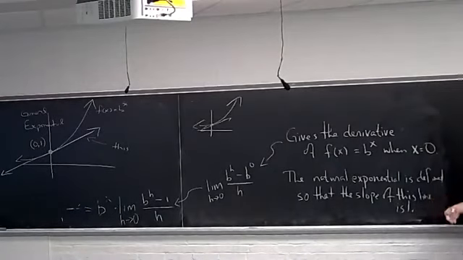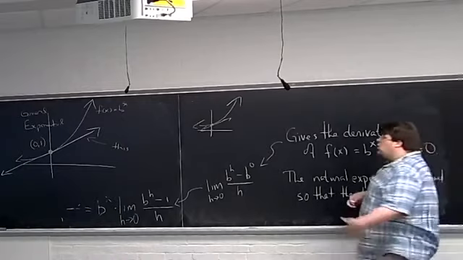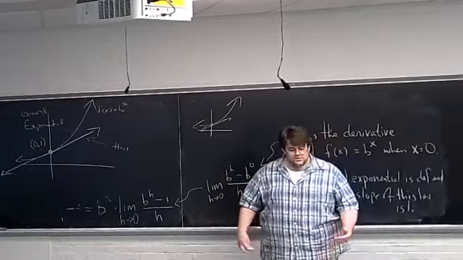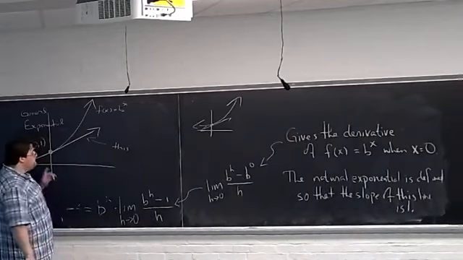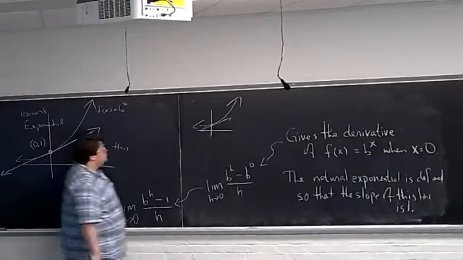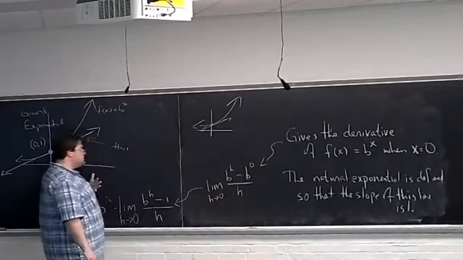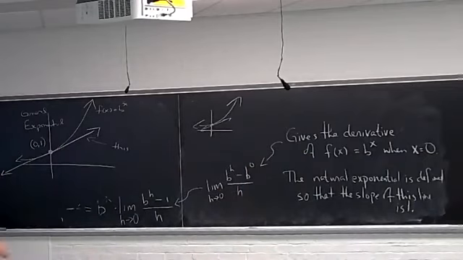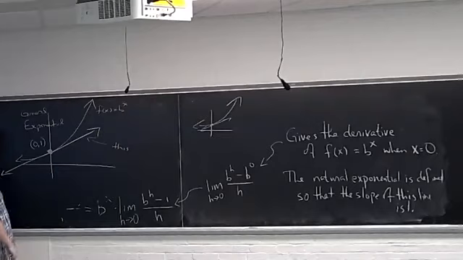So in case you were wondering why the natural exponential is more important, one of the reasons is its derivative is itself. One of the reasons is by choice. We choose the natural exponential so that this limit simplifies nicely. But why do we want that limit to simplify nicely? Well, because that choice exists. There is one of them where the slope of that line is 1. Let's call it the natural exponential.